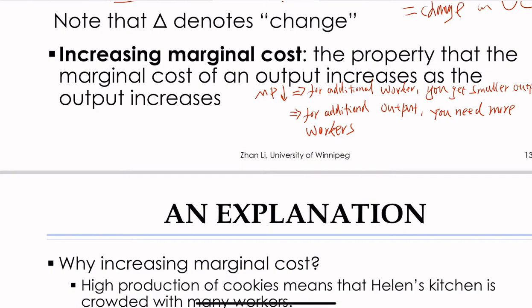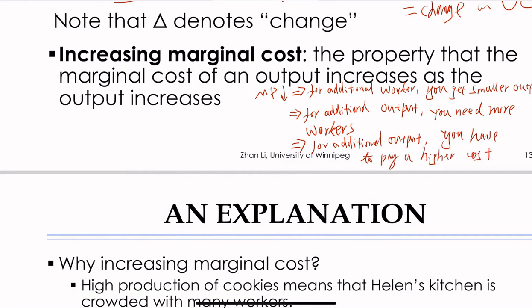So in this case, it basically means for additional output, you have to pay a higher cost, right? Because you have to pay wages to these workers.